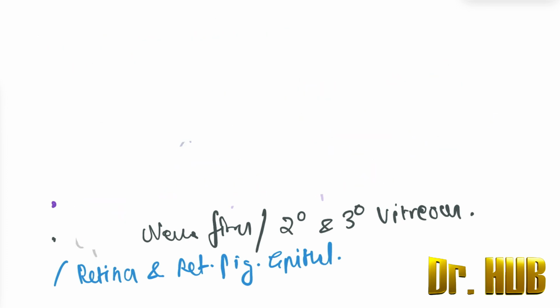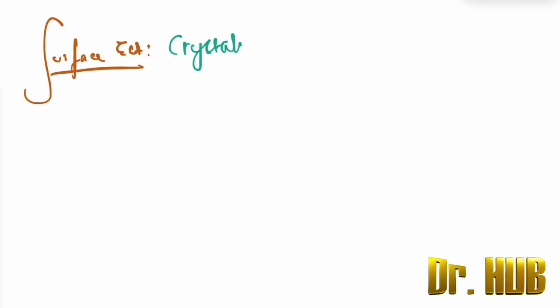Then moving on, we look at the surface ectoderm. The surface ectoderm includes the crystalline lens, then the corneal epithelium, next the conjunctival epithelium.